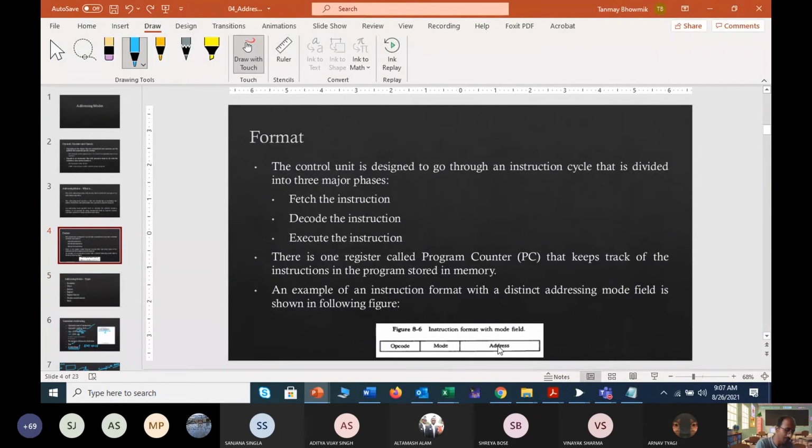So if you are writing some instruction like add followed by one I, and then some other thing like any operand or any address, then as the I is here, that means it is the example of immediate addressing.